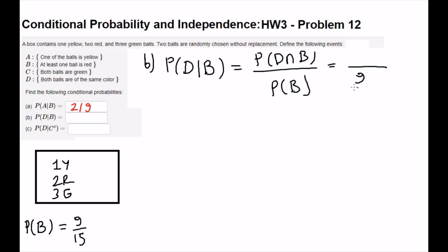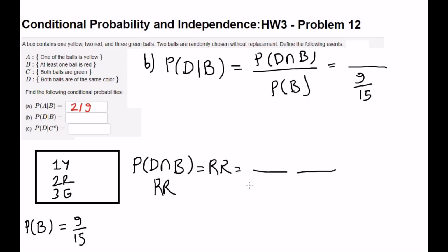We know that this is 9/15. So the probability of D intersect B is both balls are of the same color and at least one of them is red. So we have only one option, red, red, because we want one of them red and both of them the same color. So this is the only condition. So the probability of D intersect B is equal to red, red.